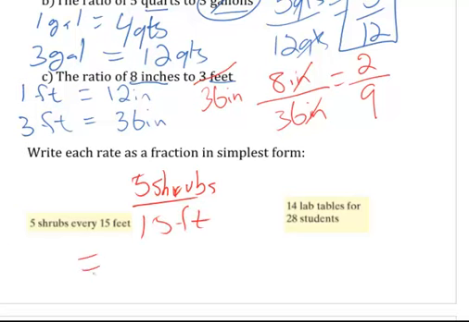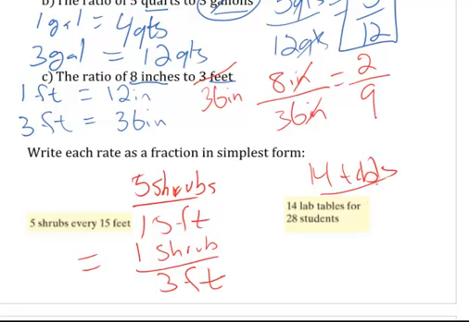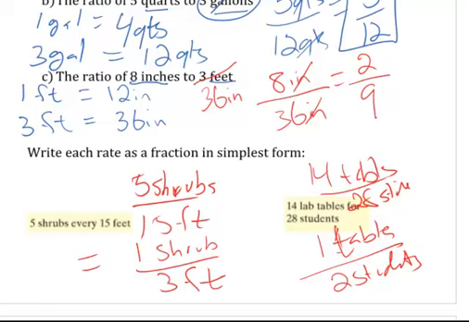I can reduce my numbers, and that's going to be 1 shrub for every 3 feet. Same thing over here on this next one. 14 lab tables for 28 students. So if I have 14 tables and we have 28 students, we can divide them both by 14. That means we're going to have 1 table for every 2 students.